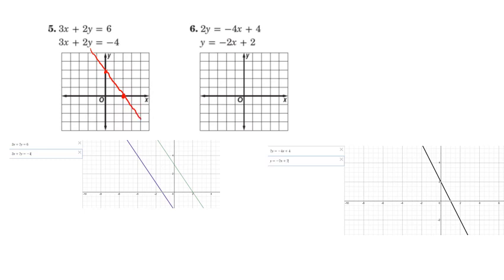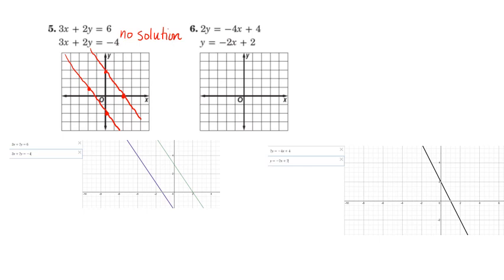And then this one is going to have a y-intercept of -2. If you look in Desmos, it would have it. And then there's its slope. So we're going to write that this has no solution. Okay, again, those are equations that have the same slope but different y-intercepts.